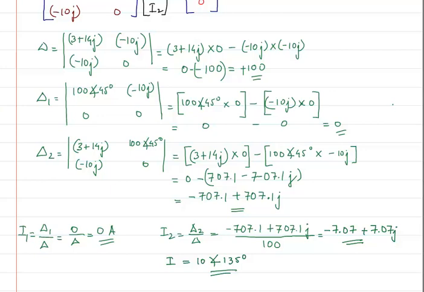Because in the university scheme, we don't know whether the answer is written in rectangular or in polar. If your answer is written in both, then whatever is written in the university scheme, the teacher will be able to match it very quickly and conclude that this answer is correct. If your answers are very neatly written, you will get very good marks. Otherwise, it will take a bit of a struggle for the teacher to go through your answers. So always try to make the answers as clear as possible.